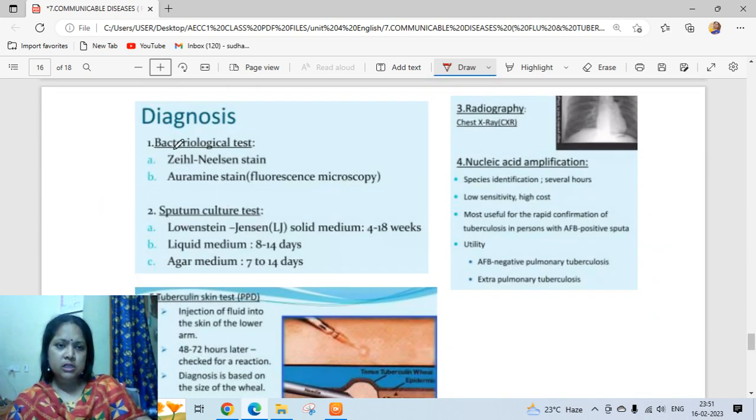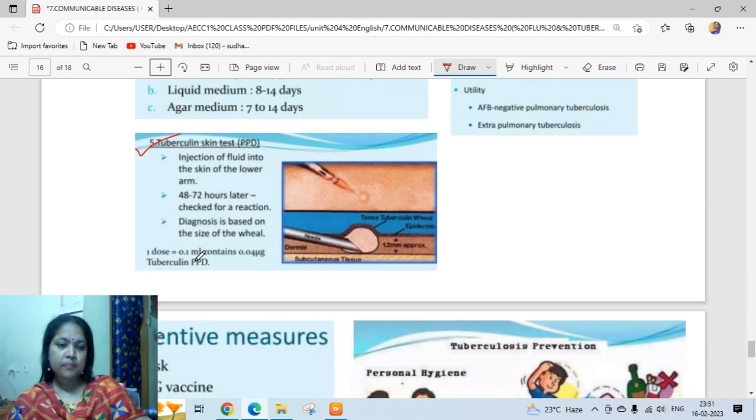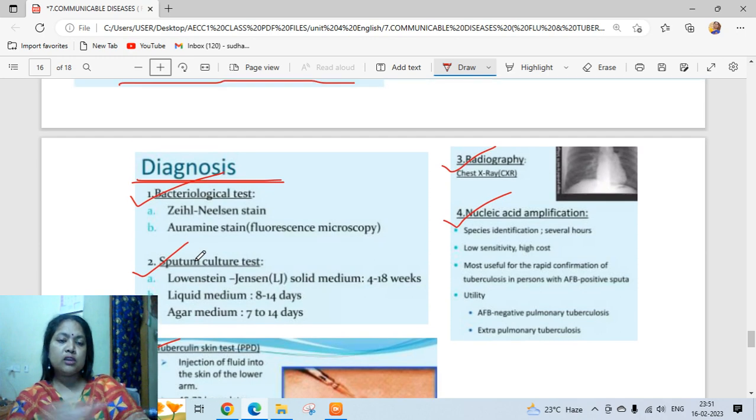So now the important thing is how we will diagnose the TB. So there are bacteriological test, sputum culture test, radiography, then nucleic acid amplification, then tuberculin skin test. These are the 5 methods to diagnose the TB.